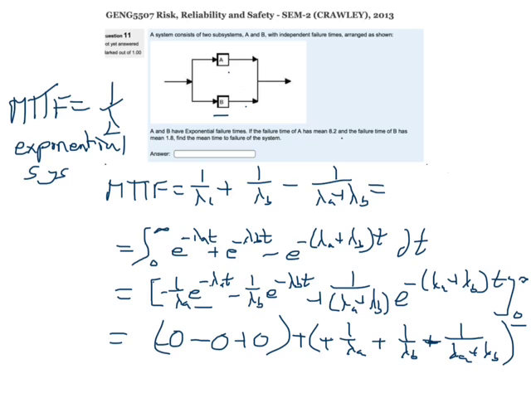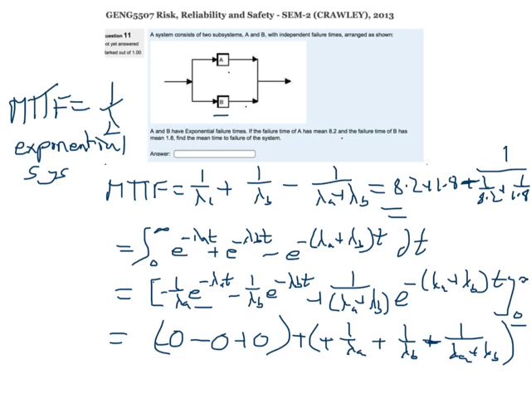So this whole thing is equal to 8.2 plus 1.8 minus 1 divided by 1 on 8.2 plus 1 on 1.8. 8.2 plus 1.8 is 10, minus 1 divided by, I'll put in a plus there, 8.2 plus 1 divided by 1.8.